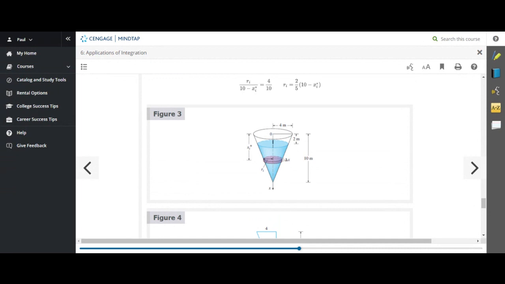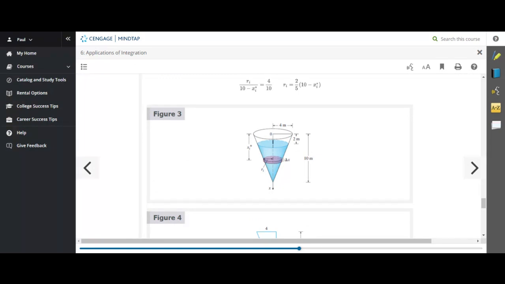So just like with the cable problem, where we took the cable and broke it up into little pieces, we're going to take the water and break it up into slices of water, discs of water. Every disc of water has a radius, r sub i, and a width, delta x.